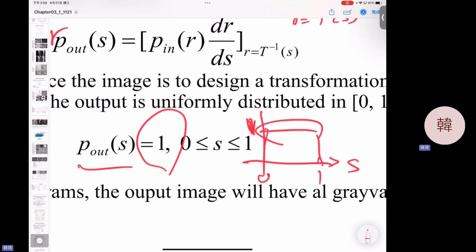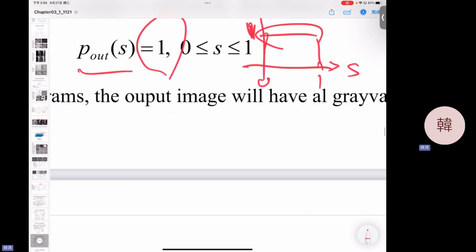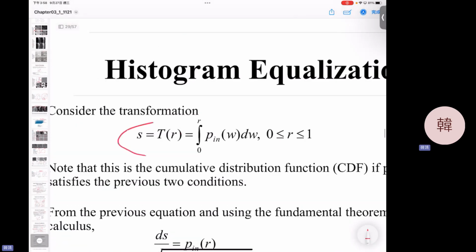So mathematically, we are going to transfer from one PDF of R to another parameter S PDF, and the destination function will be uniformly distributed. How do we do that? Actually very easy. As long as you just calculate this: S equal to the transformation function, defined like this.